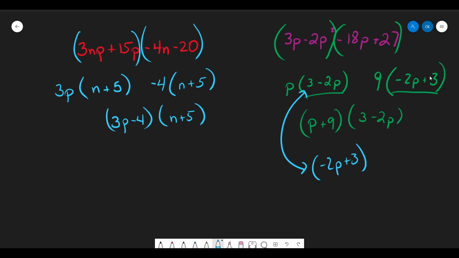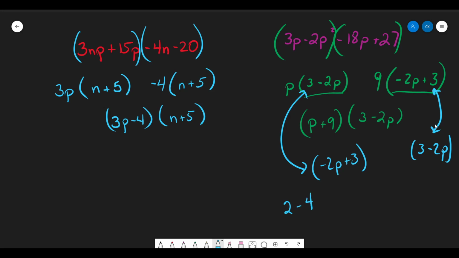Same with this. Negative 2p plus 3, that's the same as saying 3 minus 2p. I'm just moving the terms around. I'm not changing the sign, right? The negative 2p, it's still negative 2p. This 3 is still a positive 3. I'm not changing the numbers. I'm just rearranging where they are. It's the same as if I said 2 minus 4.